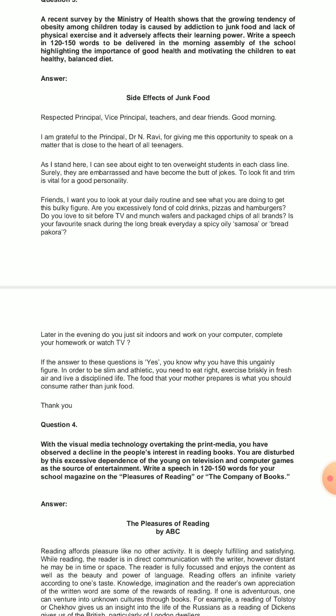As I stand here, I can see about 8 to 10 overweight students in each class line. Surely they are embarrassed and have become the butt of jokes. To look fit and trim is vital for a good personality. Now, the important thing is that you are delivering the speech in a very conversational way, in a light-hearted manner, but exposing the real truth.